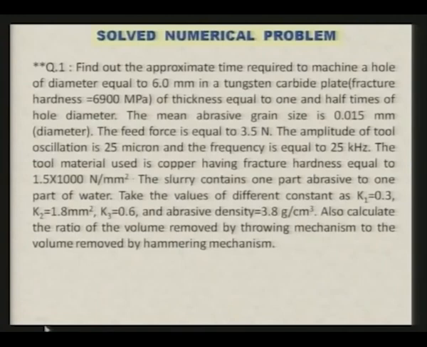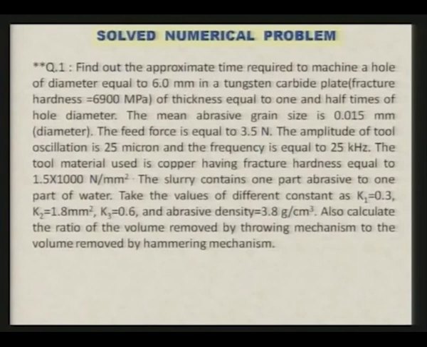Now, let us take one example to understand how the forces etc. can be calculated. Find out the approximate time required to machine a hole of diameter equal to 6 millimeter in a tungsten carbide plate whose fracture hardness is equal to 6900 megapascal and whose thickness is equal to 1.5 times the hole diameter.